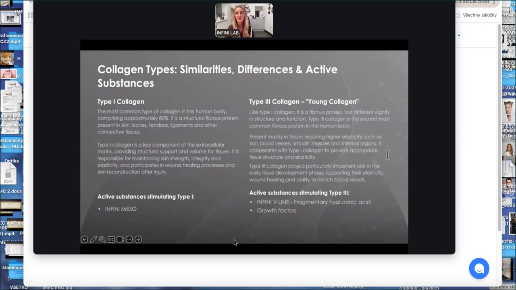For sure, fragments of hyaluronic acid between 20 to 40 monomers do an excellent job because they act on CD44 receptors on fibroblasts. And here we have the whole V line of products, V1, V2, V body, and VI, which are created with a base of fragments of hyaluronic acid. It's a really great line to address the needs of our skin.